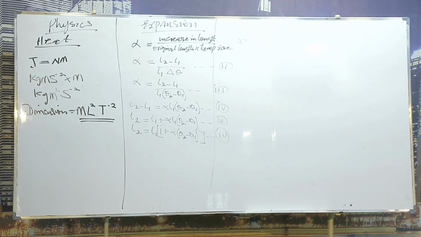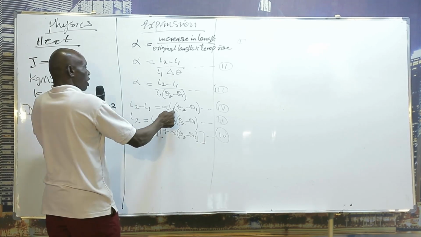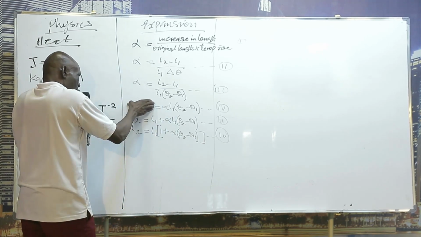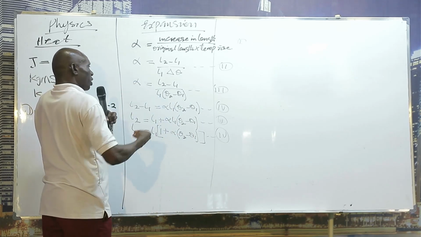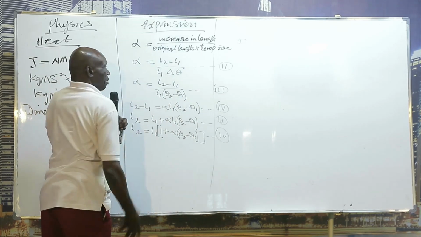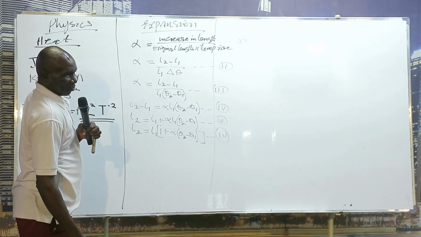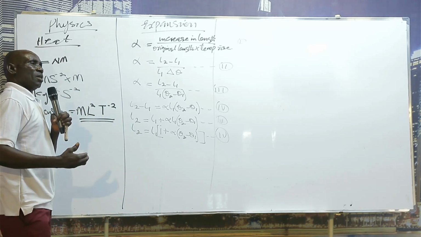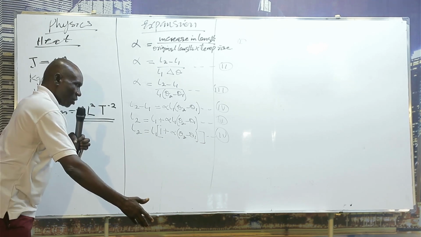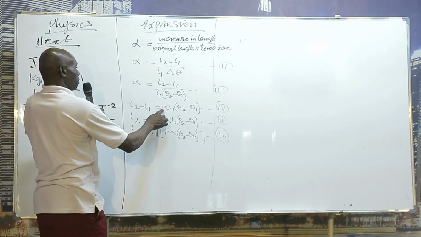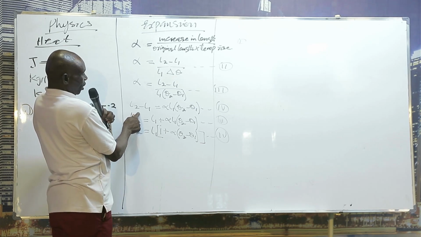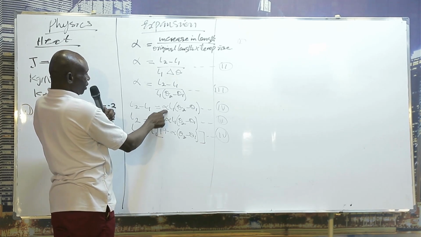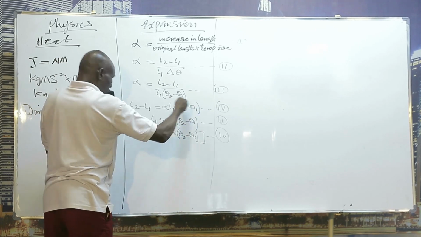L2 minus L1 is the same thing as alpha L1 change in temperature. If you pick this one, it's the same, so you can make use of the one that will solve your own problem in the exam. If they say calculate the safety gap, and you are given the linear expansivity, original length, and temperatures, you just make use of this.